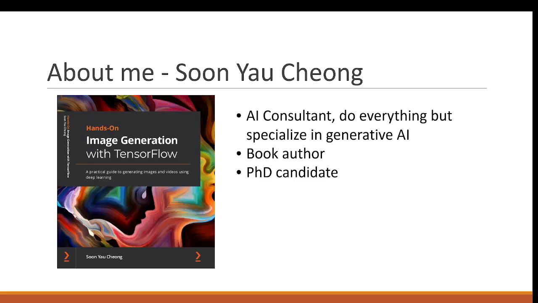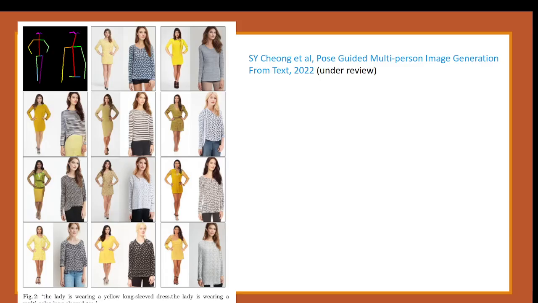My specialty is deep learning, specialized in generative AI. I also wrote a book, and I'm currently doing a PhD. My research area is exactly the topic of this video, text to image generation using AI. This is the latest paper that we wrote.